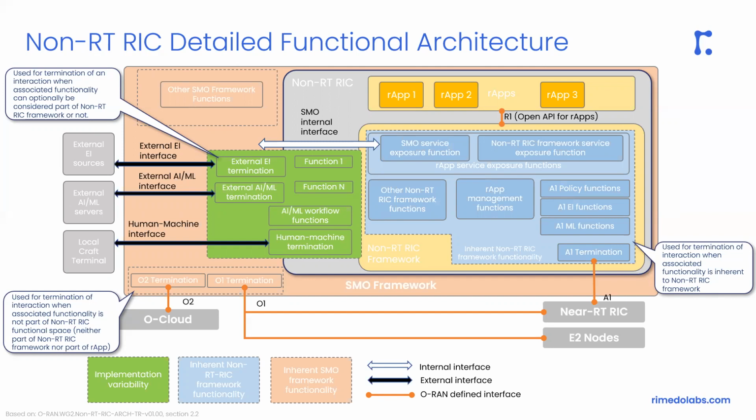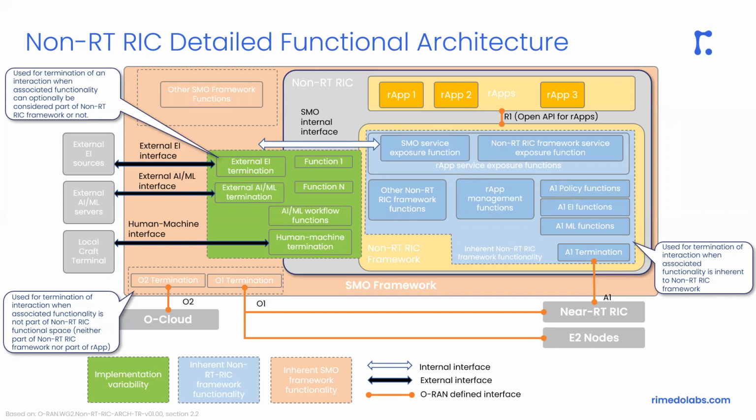So those are sort of a bridge towards the external world, and they could be placed either in the non-real-time RIC or in the SMO framework or somewhere in between, or part of those here and part of those there.